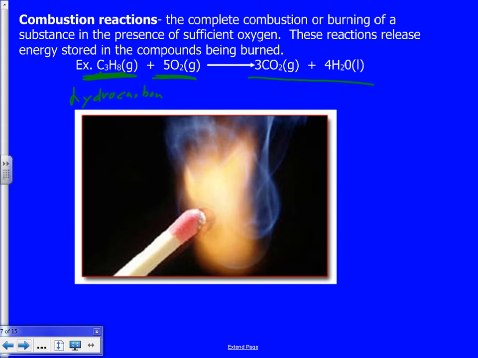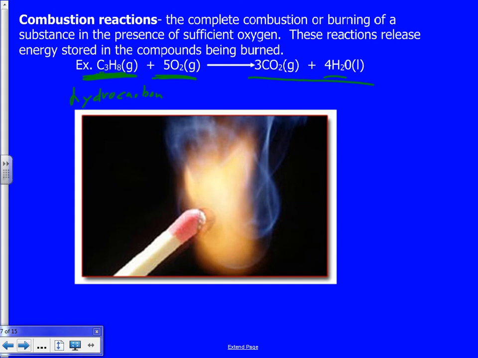Now, we've got to check and make sure we've still got the same amount of everything on both sides. How many carbon on this side? 3. How many over here? 3. All right, so the carbon's good. How many hydrogen here? 8. How many over here? 8. 4 times 2 is 8. Now it gets tricky. How many oxygen here? 10. But oxygen's in 2 places now. Is that okay? It is. I just have to add both compounds together.